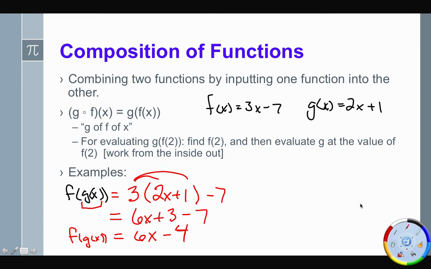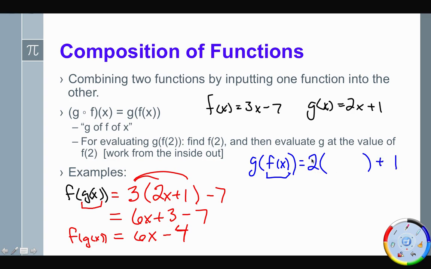But let's look to see what happens if we go in the opposite direction. What would be g of f of x? Well, this means I need to put f into g. So we're going to say it's 2 times something plus 1.